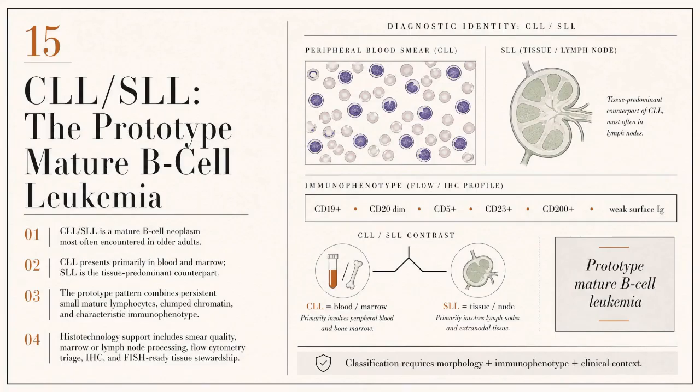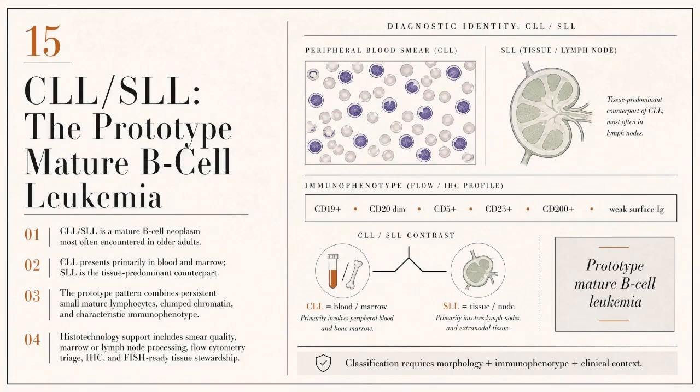This immunophenotypic profile is routinely assessed by flow cytometry on peripheral blood or bone marrow aspirates, and by immunohistochemistry on tissue sections. Accurate immunostaining requires well-processed tissue sections and validated antibody panels, as false negatives or nonspecific staining can lead to diagnostic pitfalls.